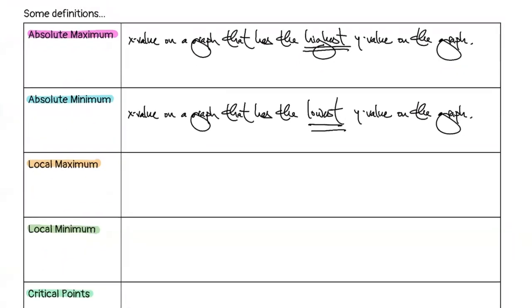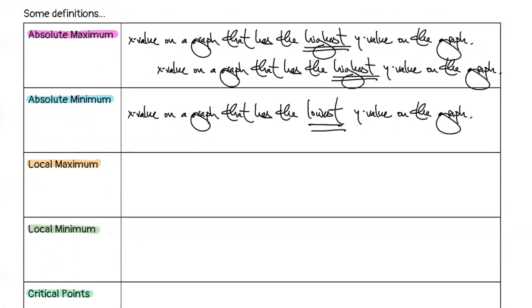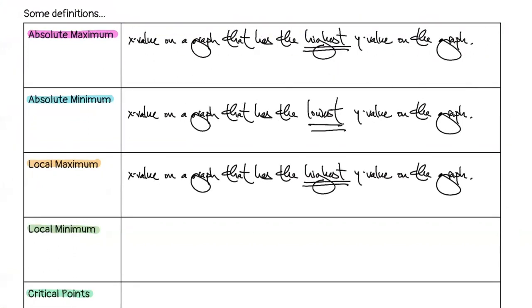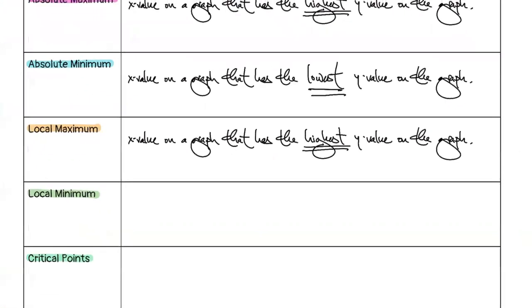How could we modify the maximum statement to be a local maximum instead of an absolute maximum? What has to change in order for us to have a local instead of an absolute?